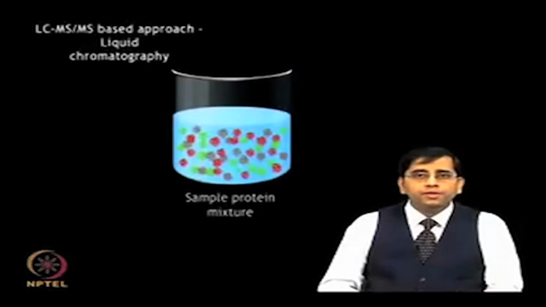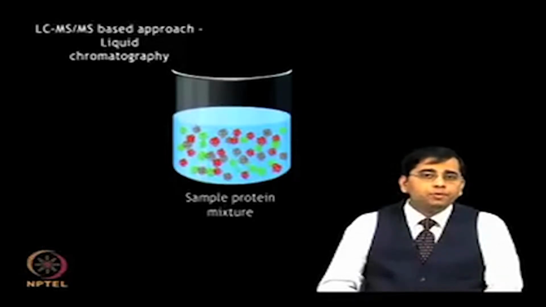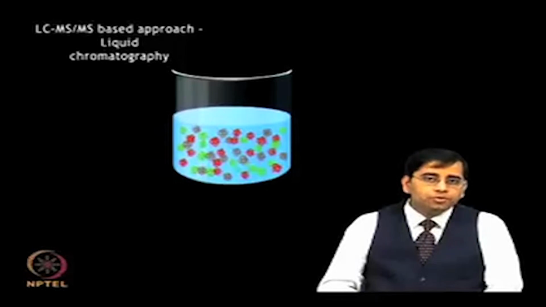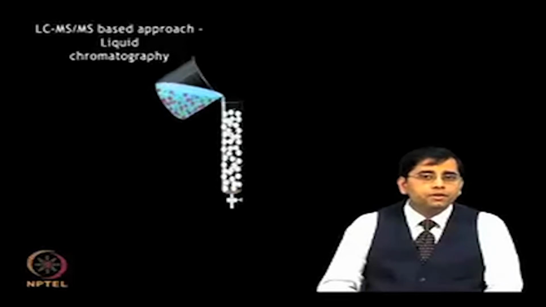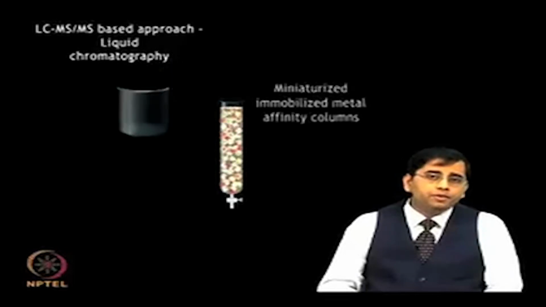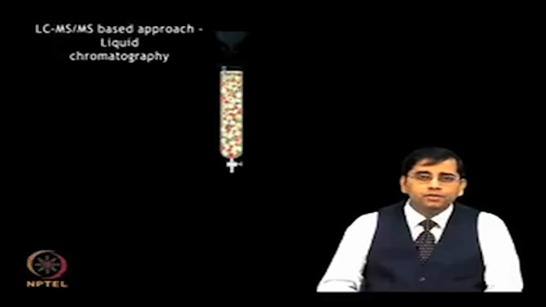A protein phosphorylation experiment is shown here. The complex protein sample is loaded onto a miniaturized affinity column which interacts specifically with proteins having the post-translational modification of interest.